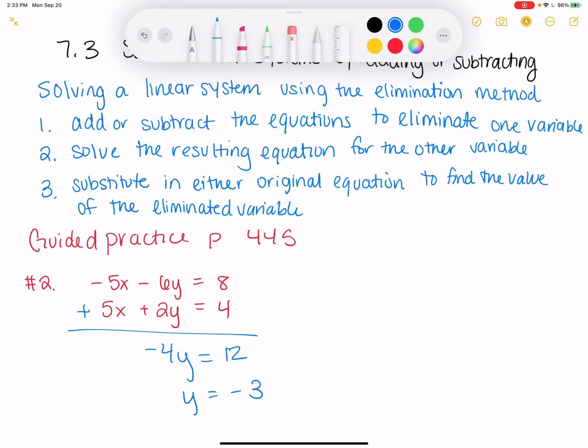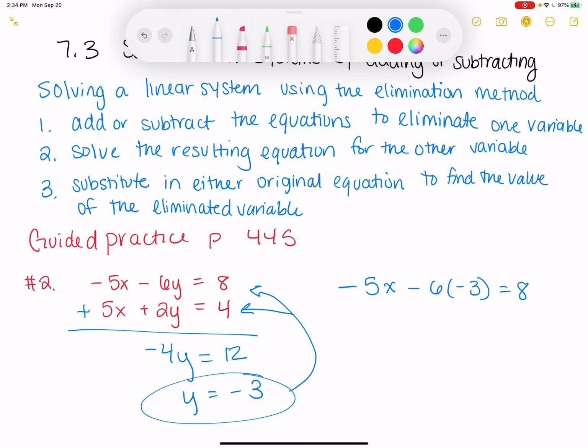Okay, and at this point, you can take this number and you can plug it in to either one of these that you want. Okay, which one do y'all want to do? Top or bottom? Top one. All right. So negative 5x minus 6 times negative 3 is equal to 8.